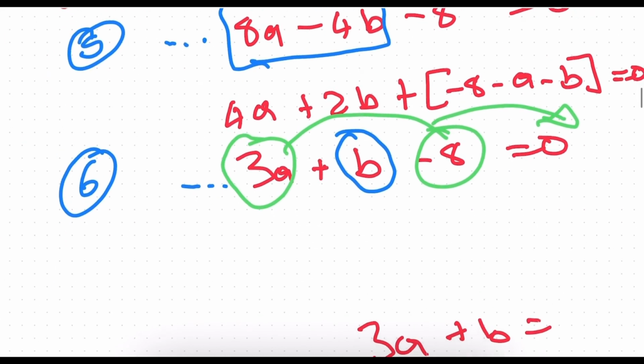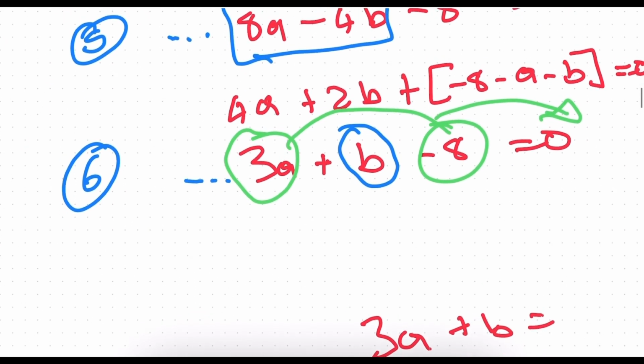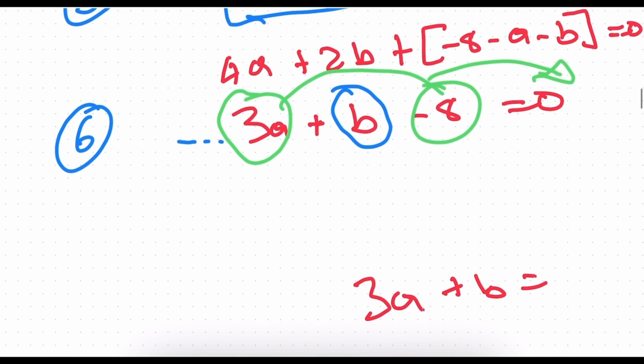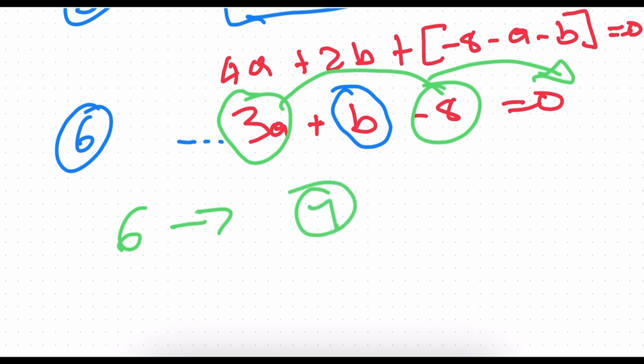Let's just delete you. We don't need you in our lives. We've moved on with life. Okay, let's convert equation 6 to equation 7 by making B the subject of the formula.